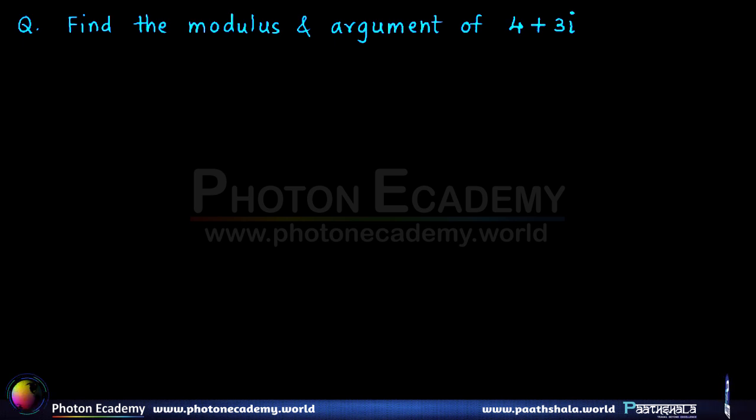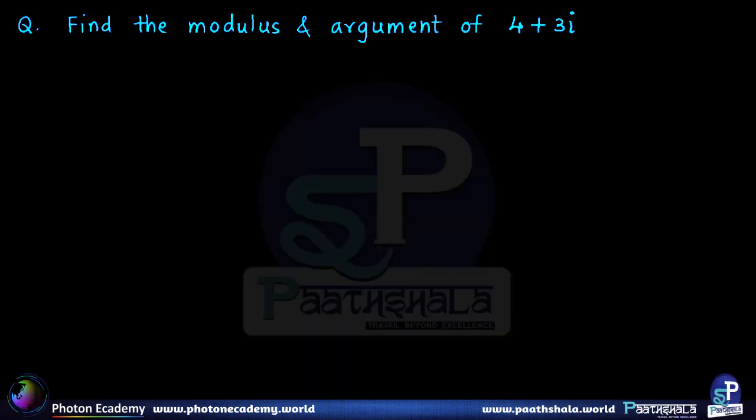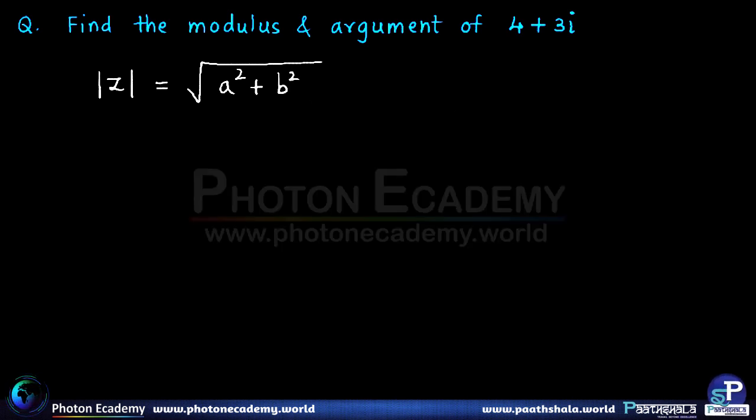Find the modulus and argument of 4 plus 3i. Now here we know that the mod of a complex number is given by the square root of the sum of squares of the real part and the imaginary part. So here if we compare, the real part a is 4 and the imaginary part b is 3.